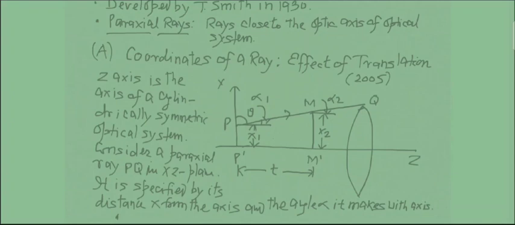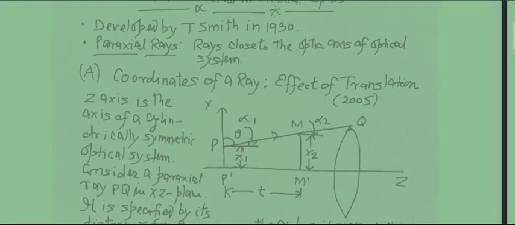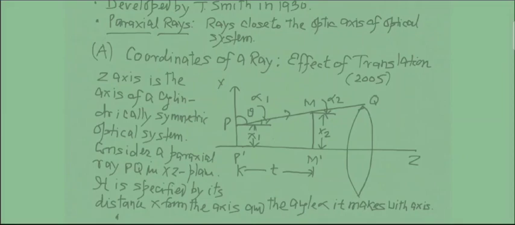Why have these been named x1 and x2? Because these distances lie along the x-axis.